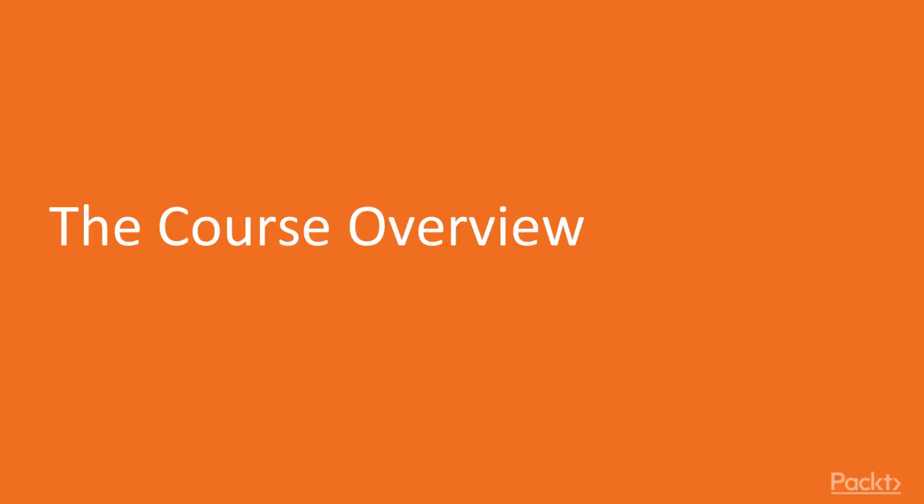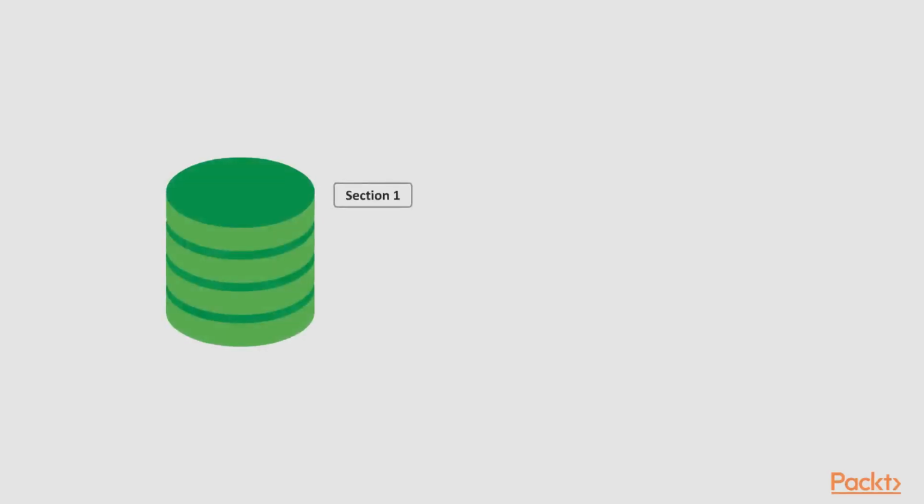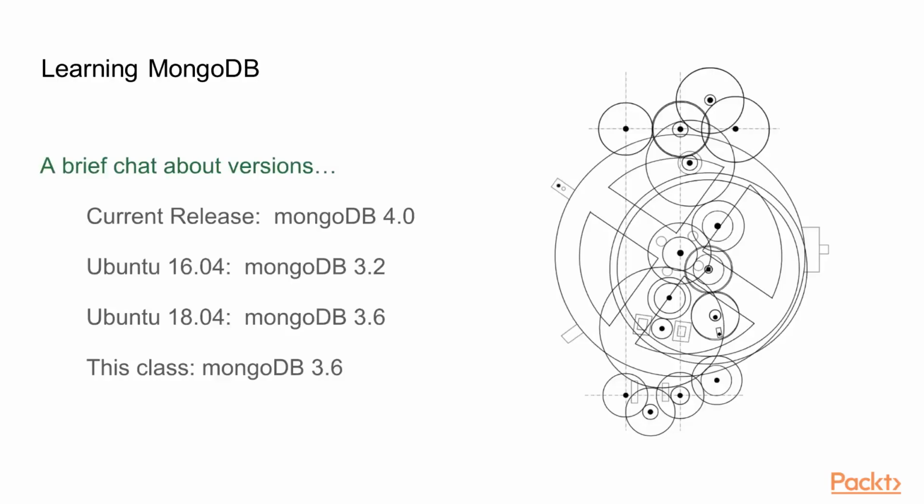In this course, in learning MongoDB, programming for MongoDB, we're going to cover four main topics. The first topic we're going to talk about is what we need to do to get up and running, or the installation phase. So we're going to be working on Ubuntu 18.04. I'm not going to show you how to install that.